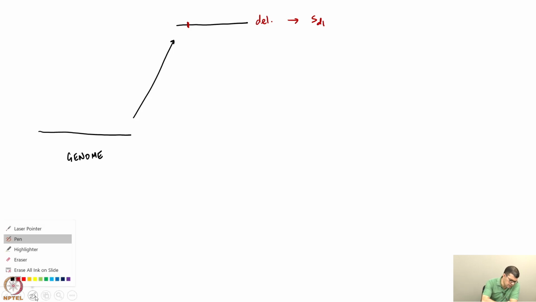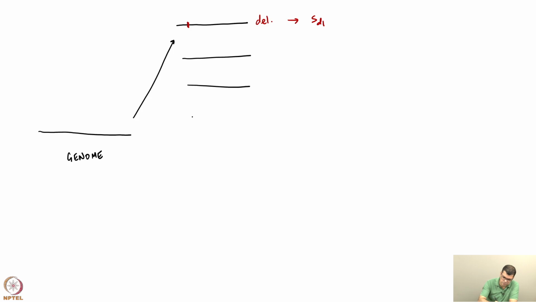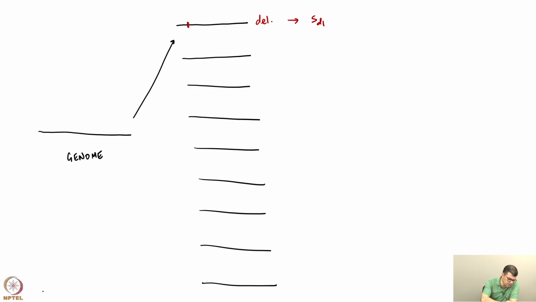After this, let me just draw these bunch of genomes. After this, I introduce another mutation in the original genome once again, and let us imagine that this mutation also was deleterious.